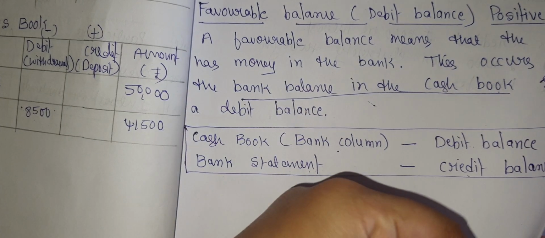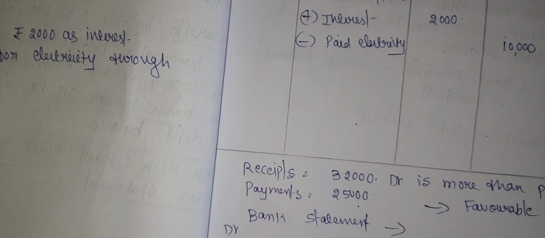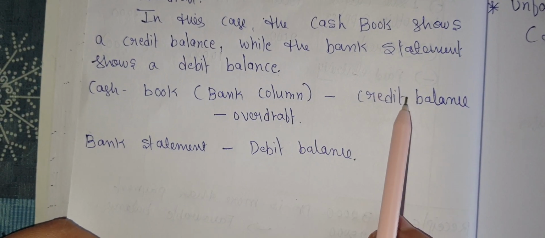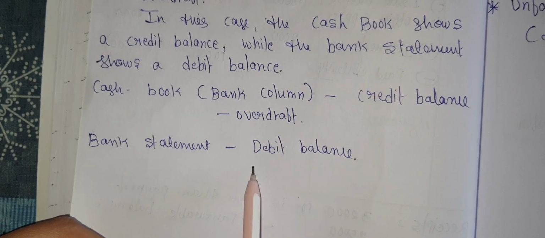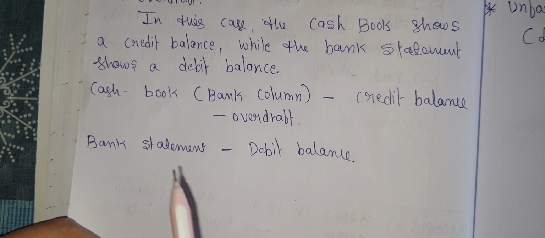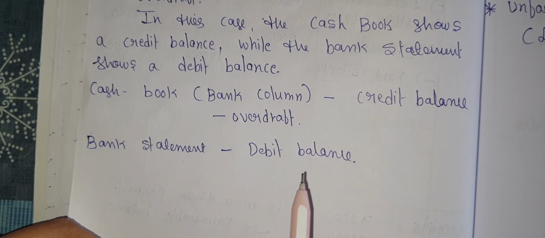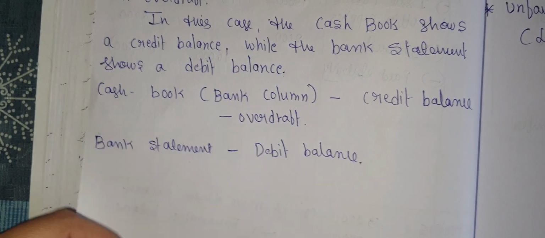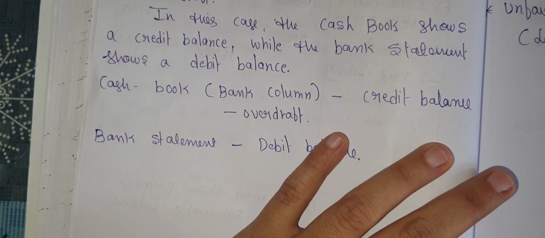And unfavorable balance, it means what? Bank column in the cash book, credit balance means overdraft or unfavorable balance, and debit balance in the bank statement means unfavorable balance. Okay, this is about favorable and unfavorable balance in the bank reconciliation statement.